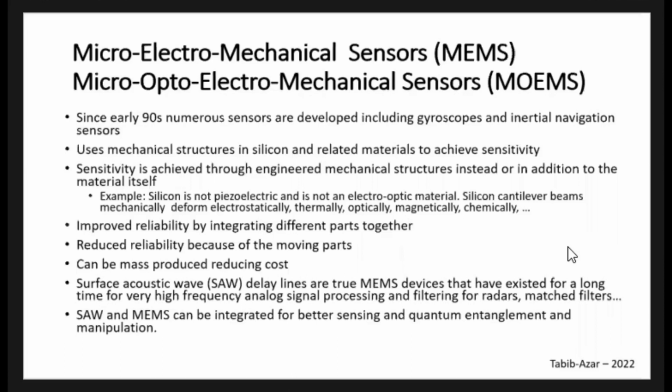The key idea behind MEMS structures and sensors is taking an inactive material. Silicon is a great material, but it's not optically active. It's not electro-optic. If you apply a voltage across it, it doesn't change much. You can apply a large voltage, but changes are practically hard to get. It's not like lithium niobate. So optically, it's inactive.